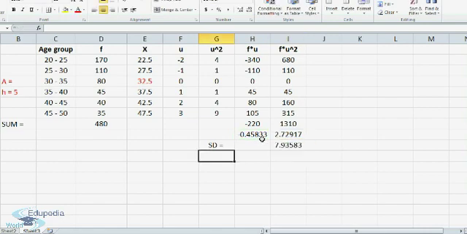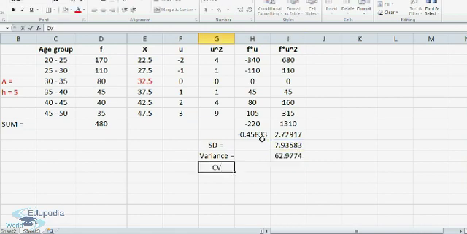Yeah, so my standard deviation is 7.93. Rounding it off, it will be 7.94. The variance is simply this value raised to power 2.